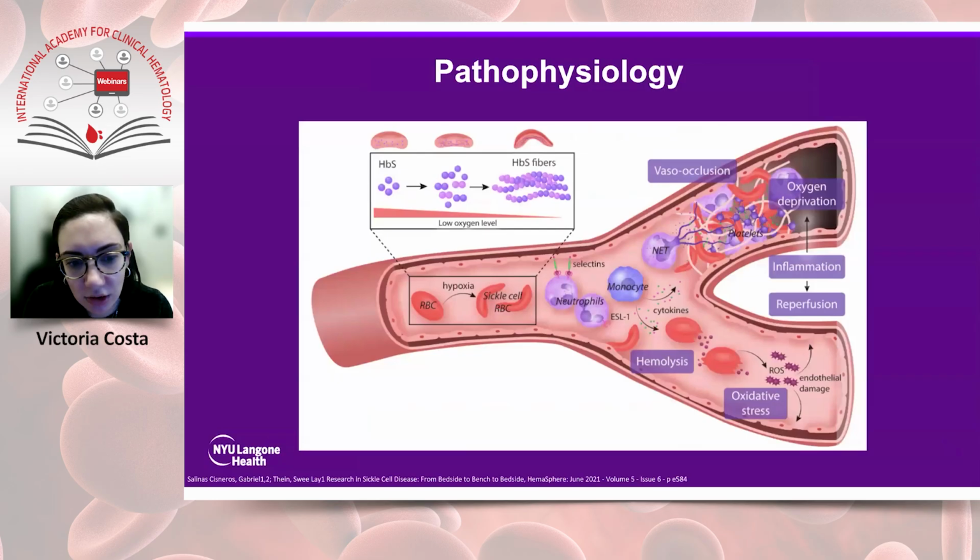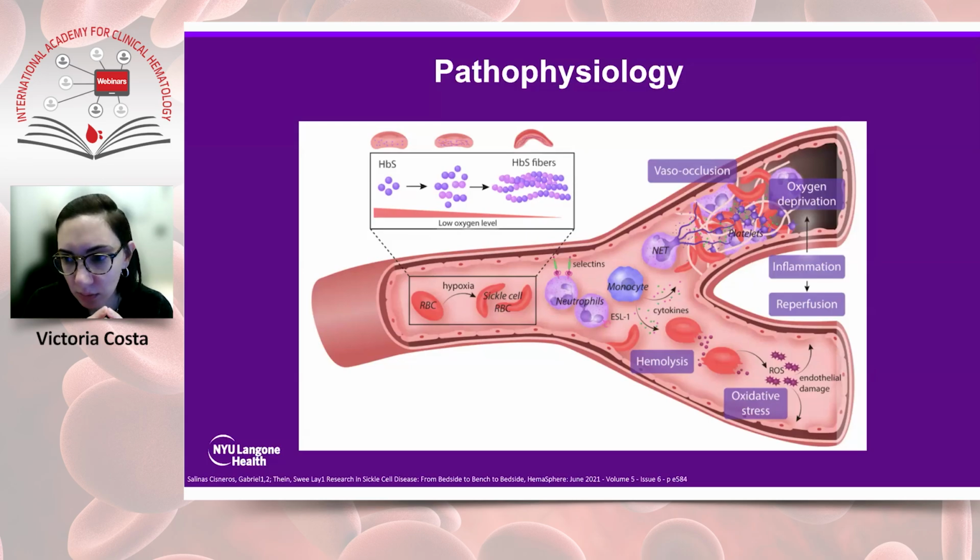The pathophysiology, so normally red blood cells are quite flexible and elastic. The sickle cells are less flexible, and especially in low oxygen states, the hemoglobin S fibers kind of polymerize and block vessels.